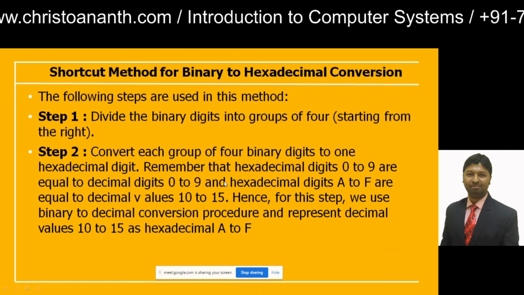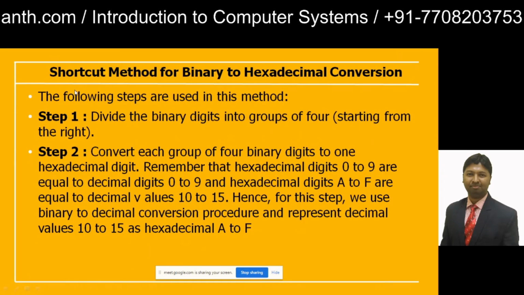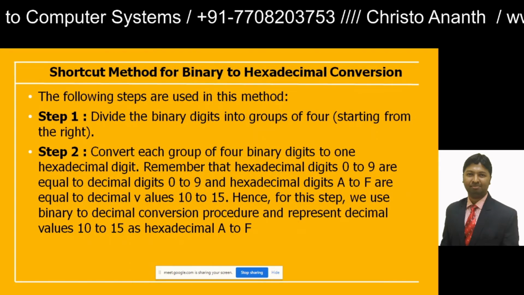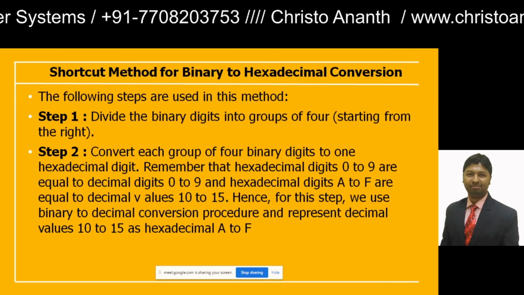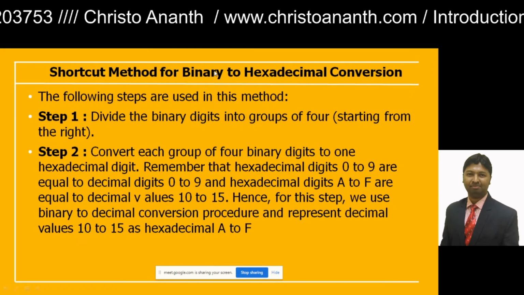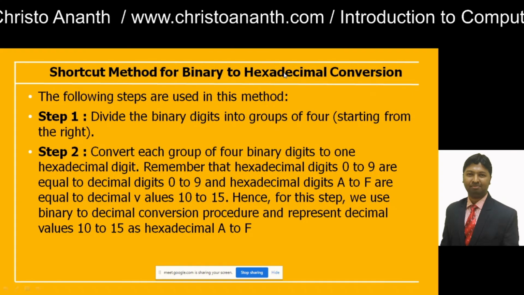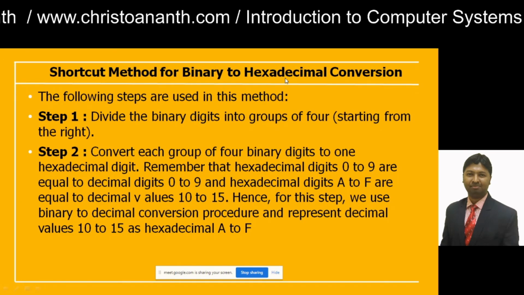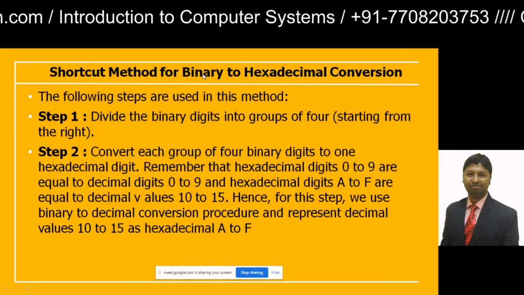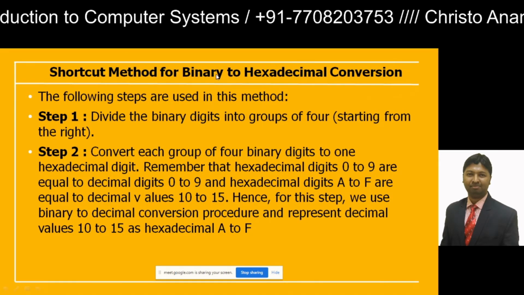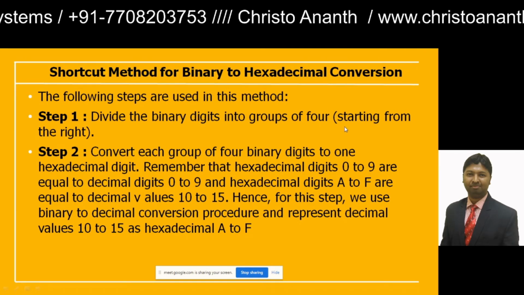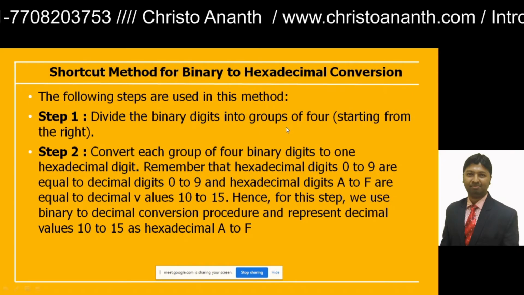The last part of today's class: shortcut method for binary to hexadecimal conversion. What is the difference between binary to octal and binary to hexadecimal? Octal is base 8, hexadecimal is base 16.